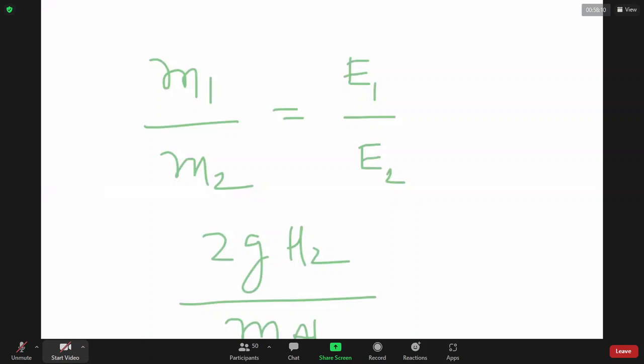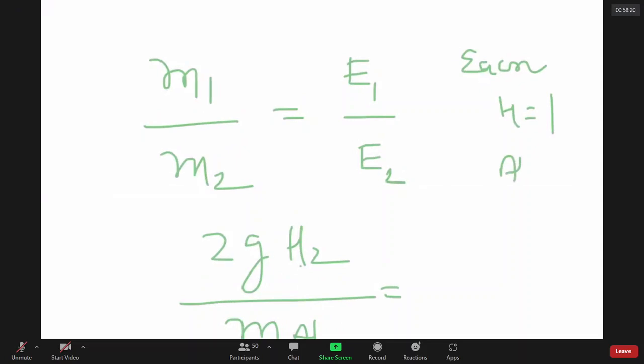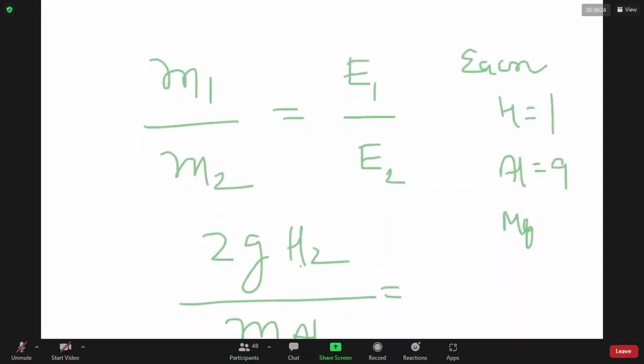Mass of hydrogen by mass of aluminum is equal to equivalent weight of hydrogen, that is atomic weight by 1, and equivalent weight of aluminum is atomic weight by 3, that is 9. Equivalent weight of magnesium is atomic weight by 2, that is 12. Equivalent weight of silver, atomic weight by 1, that is 108, and so on.